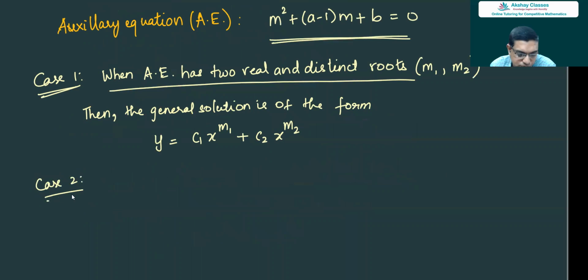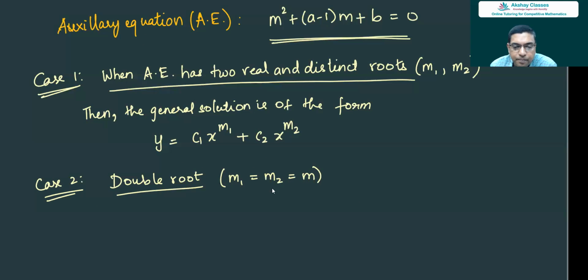Case 2, double root. m1 is equal to m2 is equal to m. So then what happens is like this. So if it has a double root, the discriminant is equal to 0.